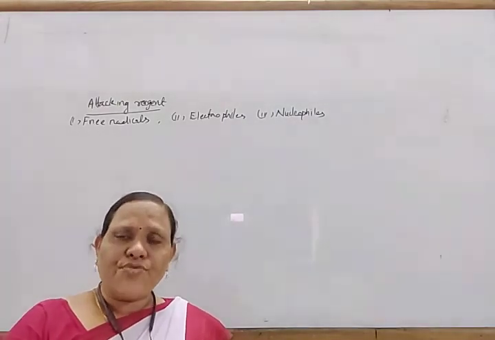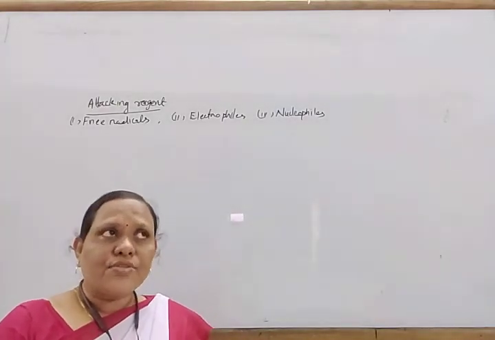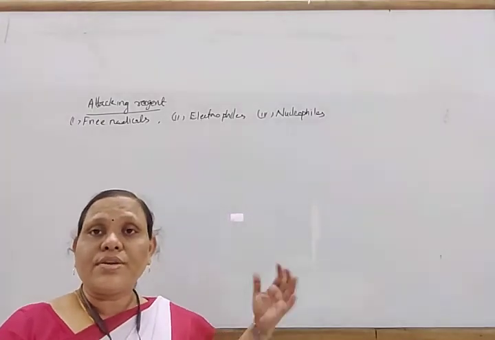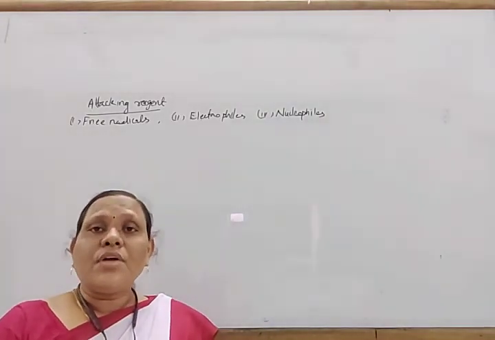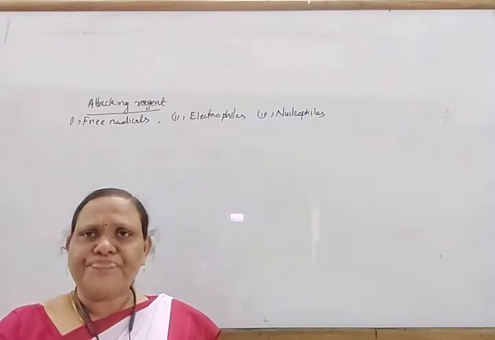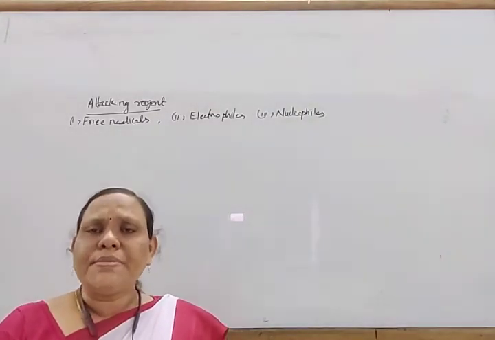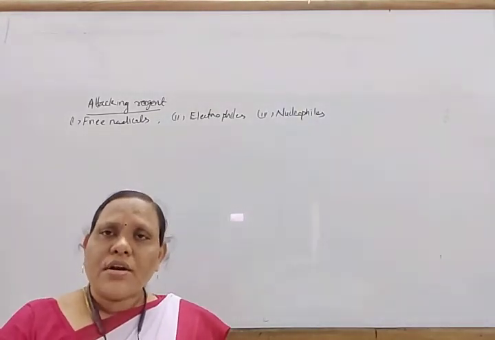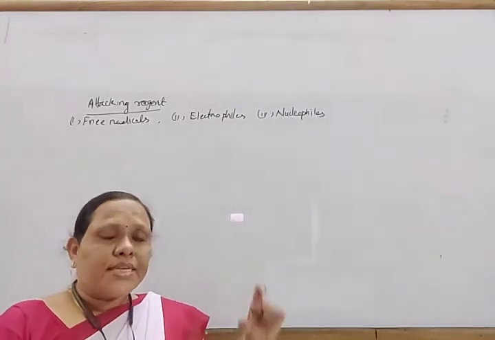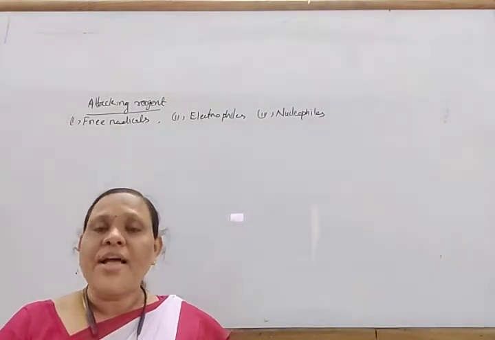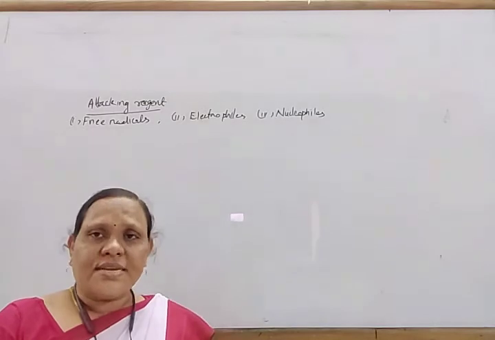Then what is an electrophile? We have already discussed electrophiles and nucleophiles when we discussed the Lewis acid base theory. Electrophile means electron loving. Electron loving means it has more affinity for electrons. That means it is positively charged.